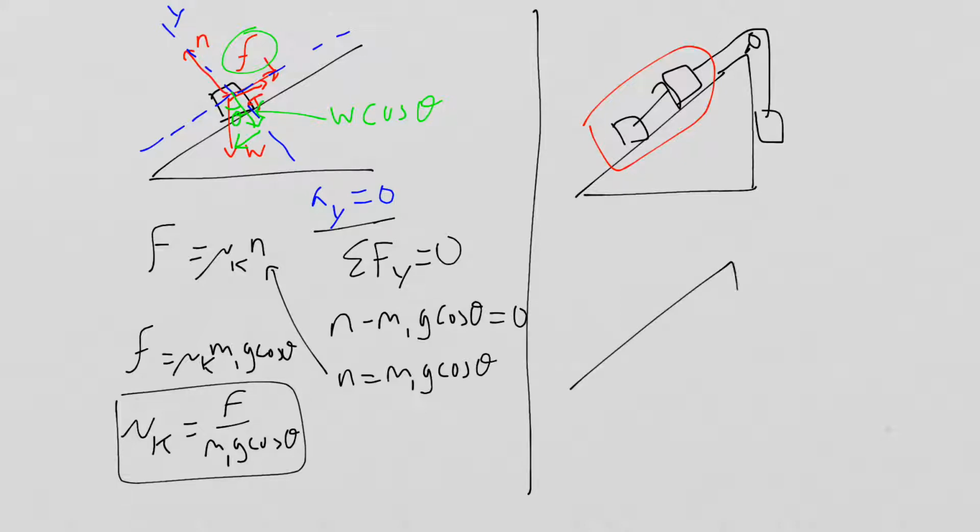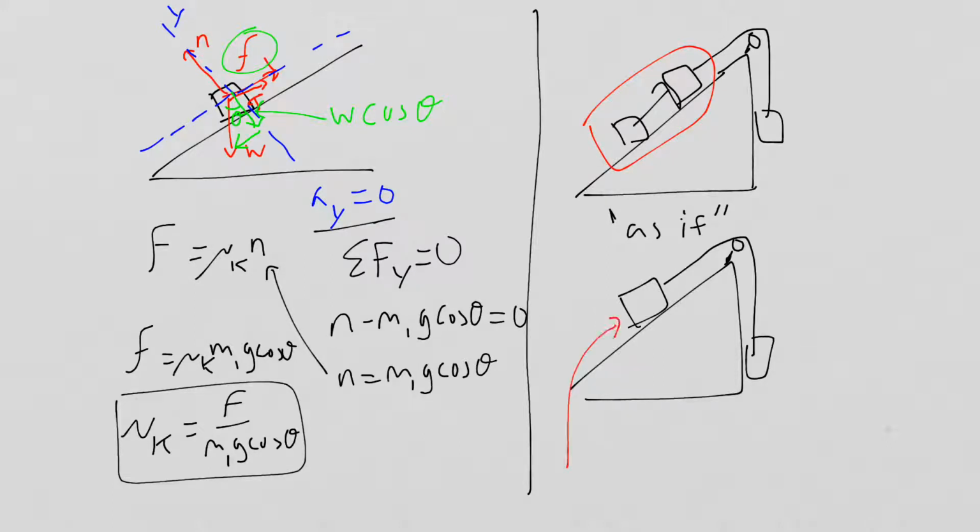So I can solve this problem as if, numerically, it's the same setup, as if it looks like this, where this is the combined mass of the two blocks, and the frictional force is the combined frictional force, F plus 2F, because we're told that's the total amount of friction.